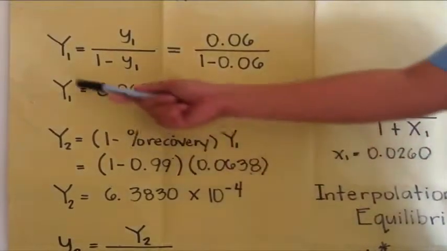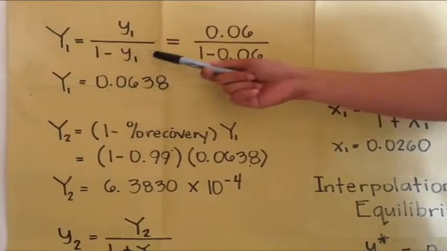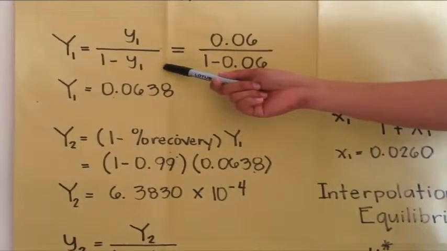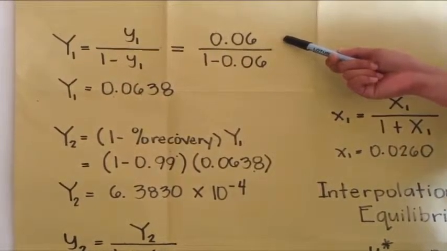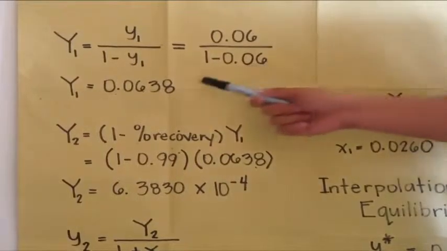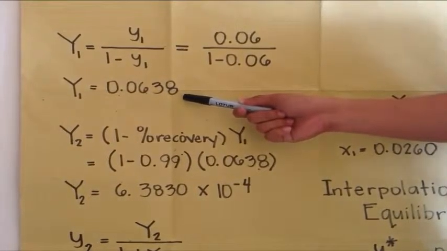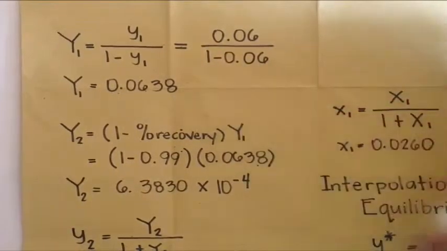First, for the Y1 of dry basis, we will use the formula for conversion and we will get 0.06 over 1 minus 0.06. We have the value of our dry basis concentration for Y1, which is 0.0638.